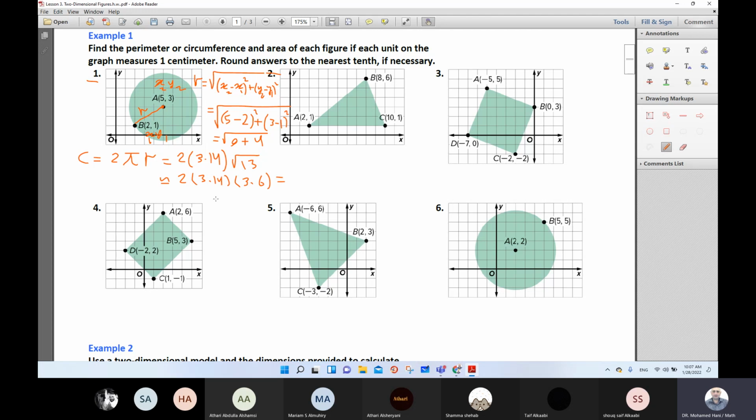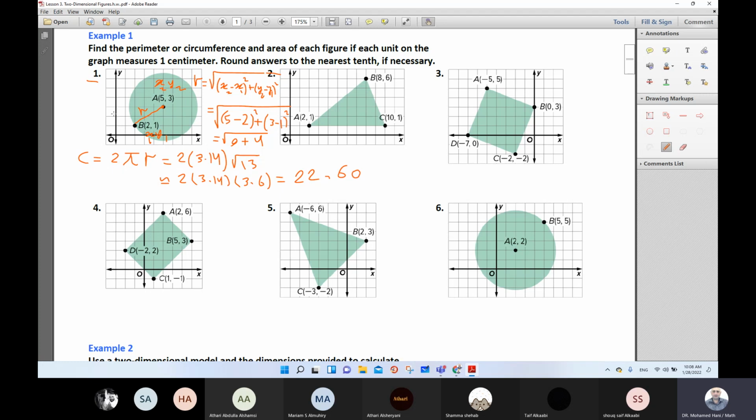Then we can multiply all the products here. We have 2 times 3.14 times 3.6 equals about 22.60. This is for the circumference.